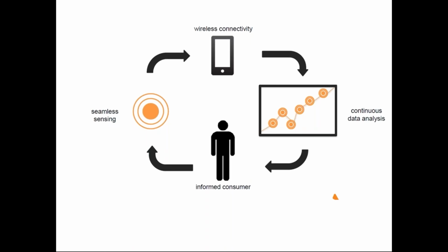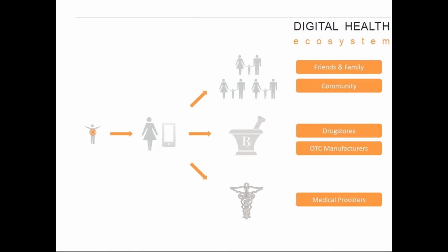Based on those detections, we need to have the information conveyed to various stakeholders. So when I'm talking about digital health ecosystem, I need the person who is being monitored to be conveyed to a lot of stakeholders, which include friends and family. If needed, in COVID-19 times, the community also needs to be informed.